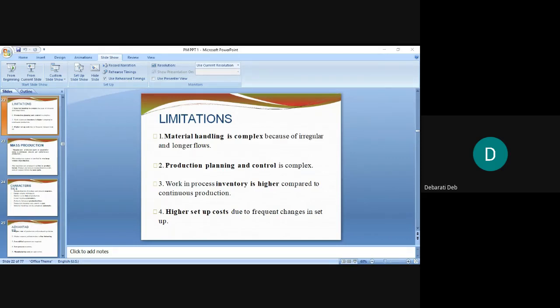Anything which has to pass through different setups. Things like whole grains and all that should not be termed as batch, because it's not that they go through different stages. Oh yes, they also go through, but different stages.